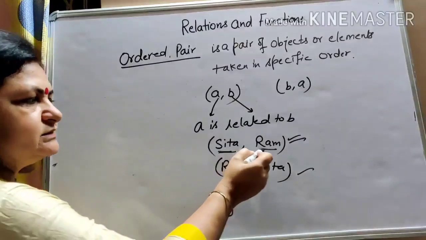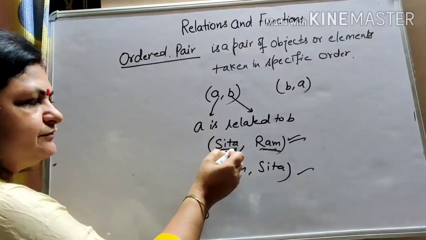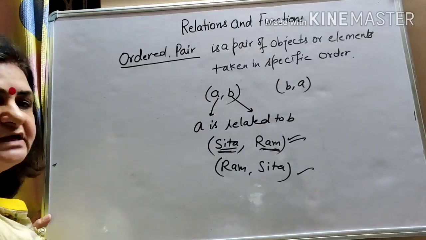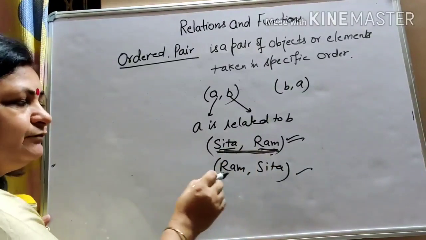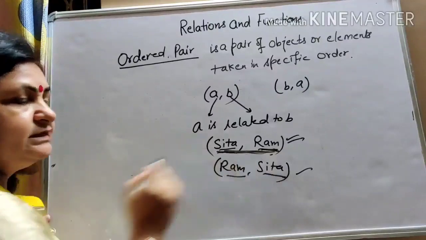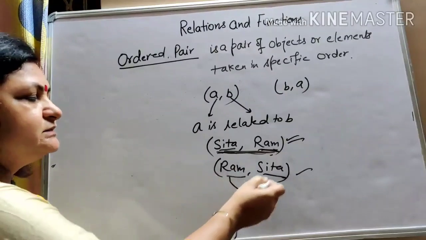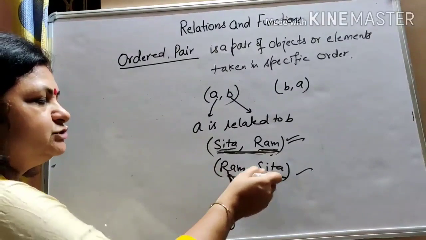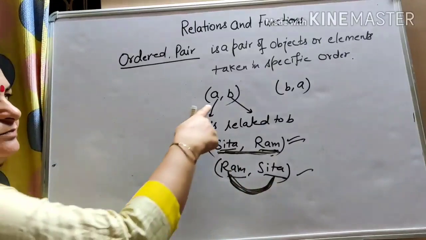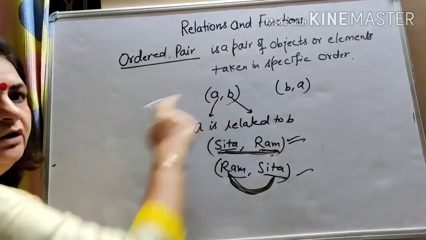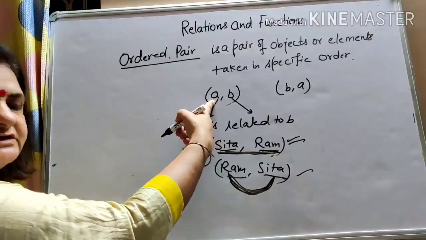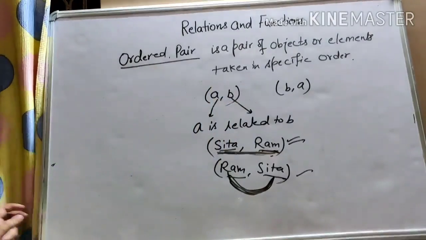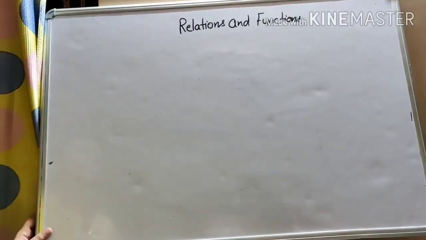If Sita is the first element and Ram is the second element, there is one relation. If Ram is the first element and Sita is the second element, there is some other relation between these two elements. So order matters a lot in a relation.